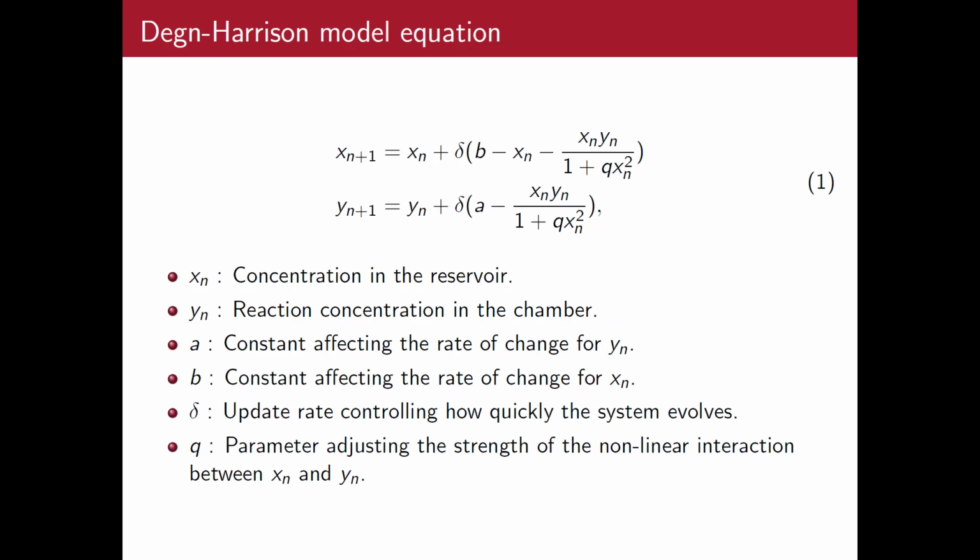A and B control the rate of change of Y and X, and delta is the update rate controlling how quickly the system evolves. And Q is the parameter adjusting the strength of the nonlinear interaction between Xn and Yn. This nonlinear interaction is crucial for the system to exhibit chaotic behavior.